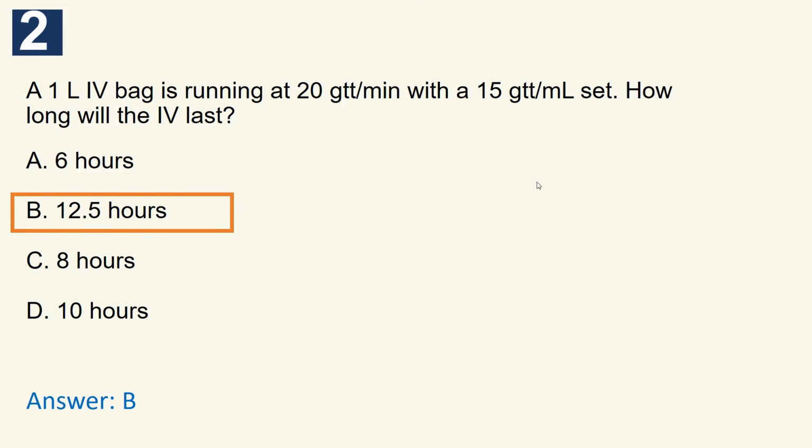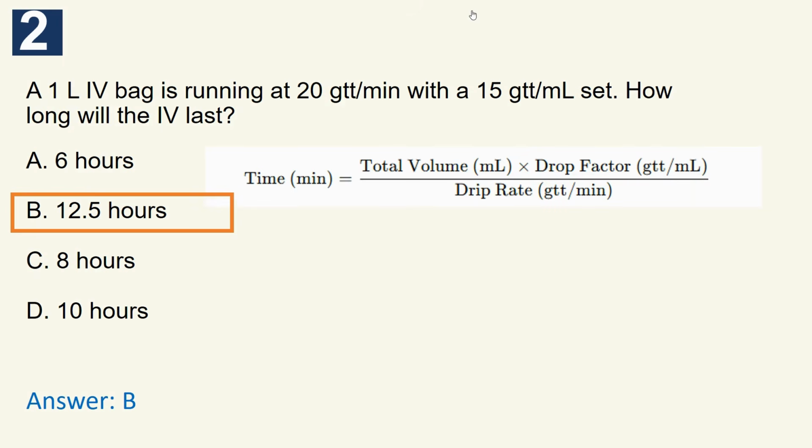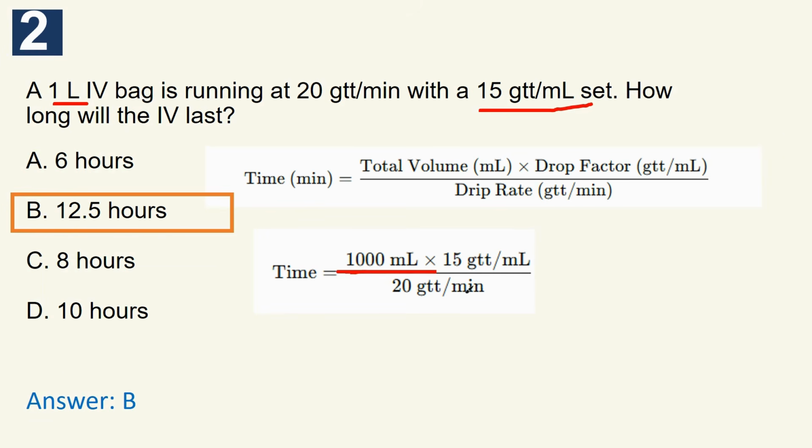Basically this question is about how long it takes for this 1 liter bag to run at 20 drops per minute. The formula for time is total volume times drop factor divided by drip rate. So here 1 liter equals 1000 milliliters, the drop factor is 15 drops per mL, whereas the running rate is 20 drops per minute.